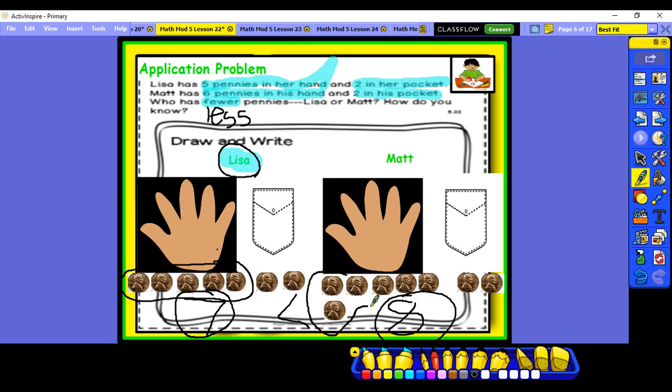If I look at the pennies in Matt's hand, he has 6. I can't compare the pennies in the pockets because that's the same amount. But if I compare the pennies in their hands, I see that Lisa has fewer pennies than Matt. So 7 is fewer than or less than 8.